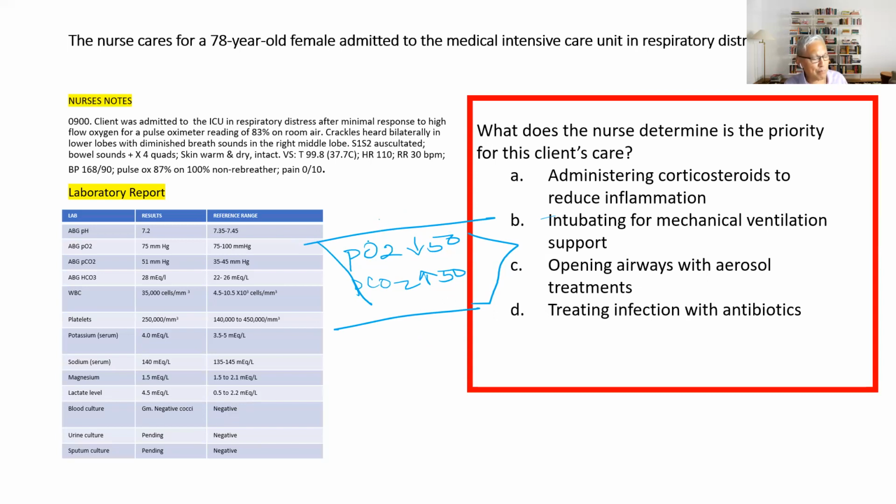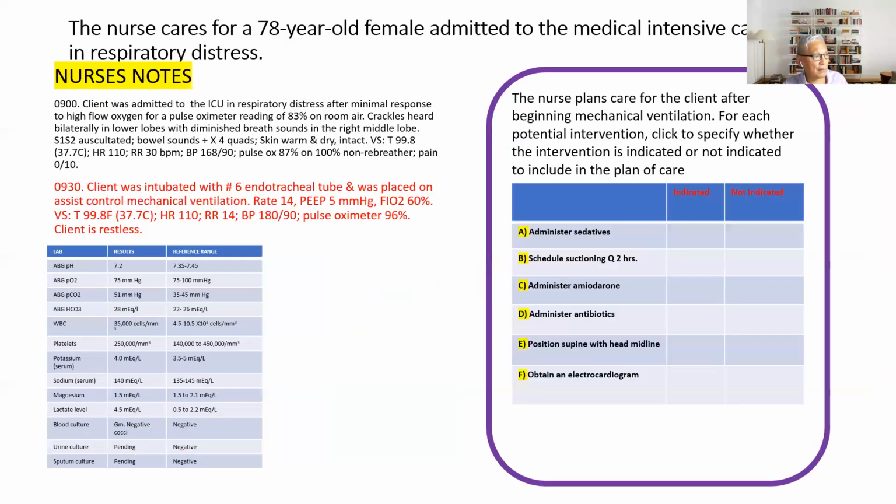Whenever a patient has a PO2 of less than 50 and a PCO2 that's greater than 50, we automatically ventilate those patients because they're not stable as far as respiratory status is concerned. Okay? All right. So let's go to the next question.